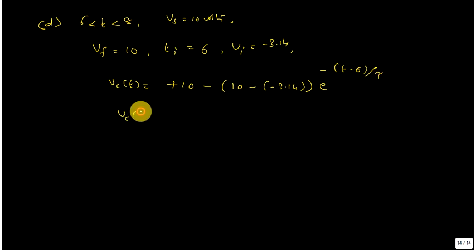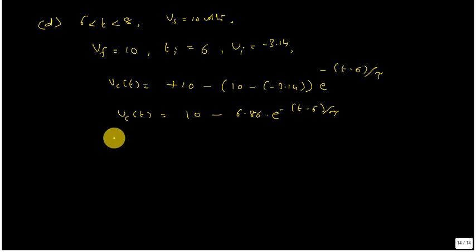So Vc(t) is equal to 10 minus 13.14 into e power minus (t minus 6), tau is 1.